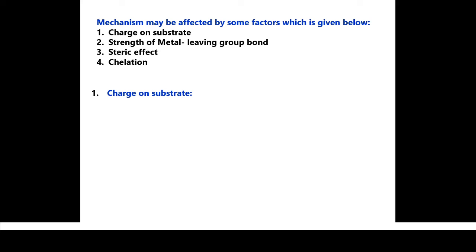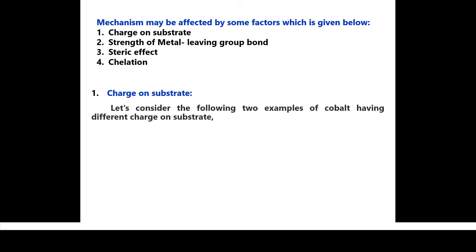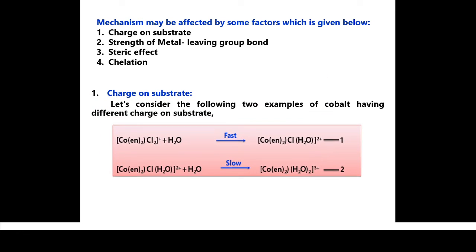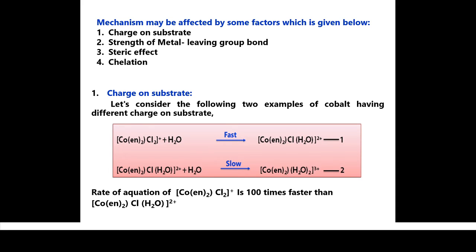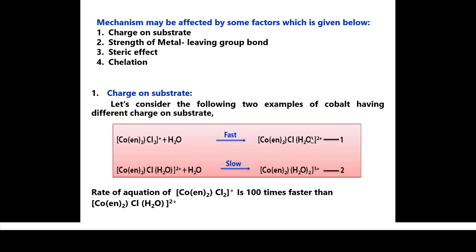First is charge on the substrate. See, these are the two reactions, reaction 1 and reaction 2, where the charge on this complex is +1 and the charge on this complex is +2.